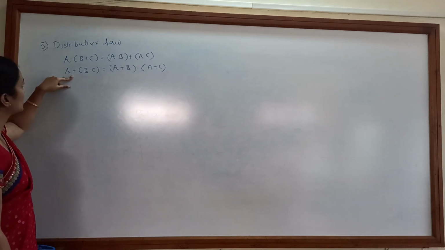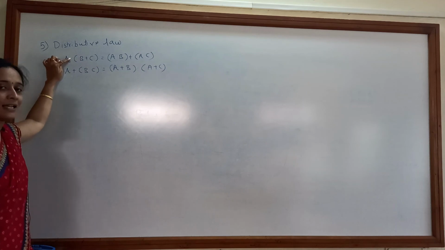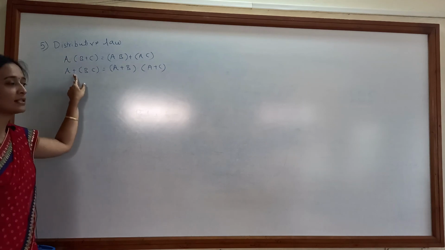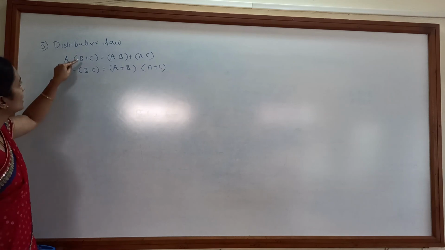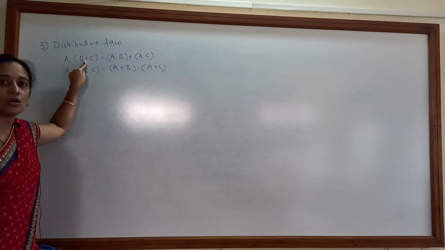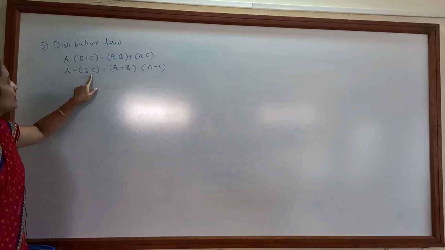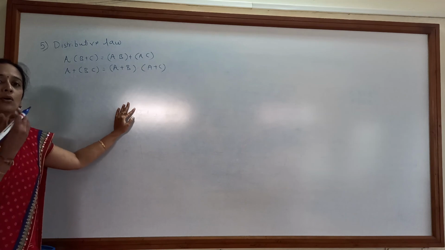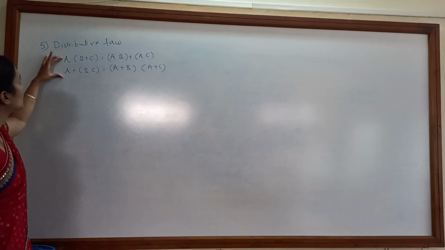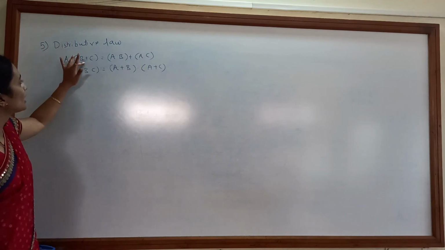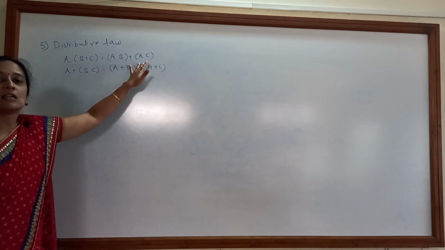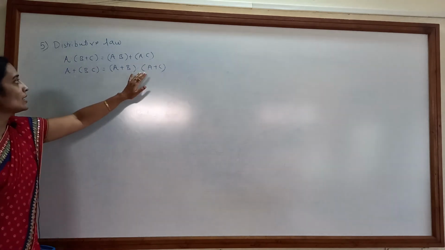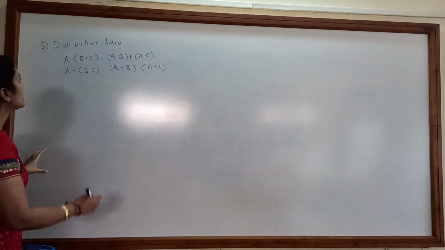Because if you observe, wherever multiplication sign is there in first law, that multiplication sign we have replaced with plus sign, and wherever plus sign is there in first law, we have replaced that plus with multiplication. Therefore, it is called as a dual law of distributive. There are two laws of distributive. A into B plus C is equal to A into B plus A into C, and second is A plus B into C is equal to A plus B into A plus C.